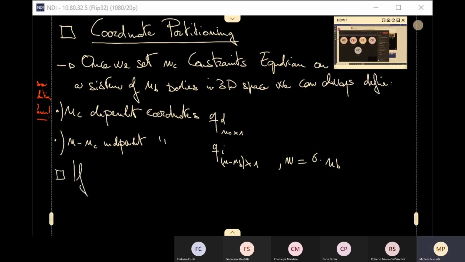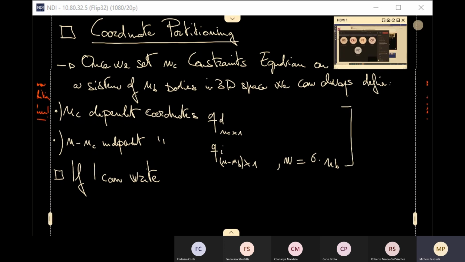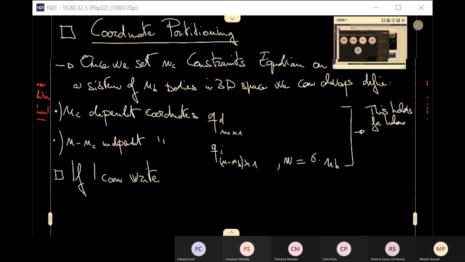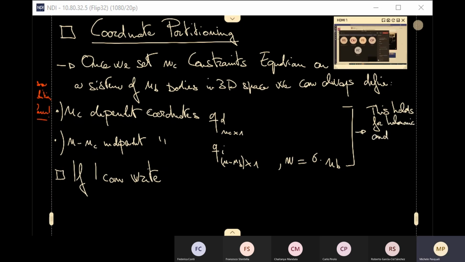This partitioning, this differentiation between independent and dependent, is a priori, so this holds for holonomic and non-holonomic constraints. For all constraints.